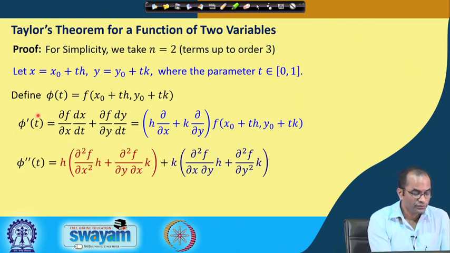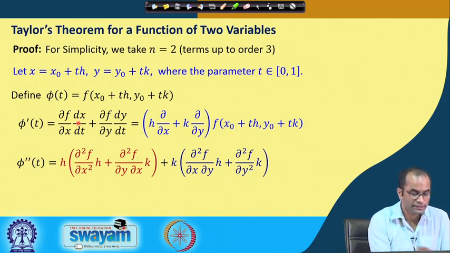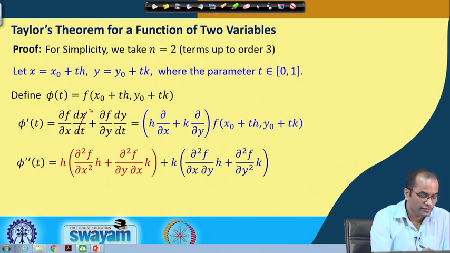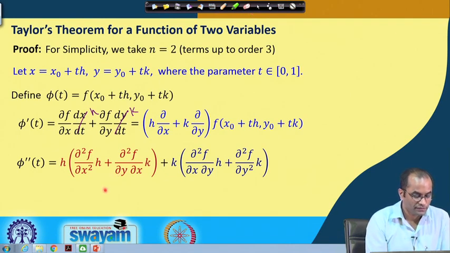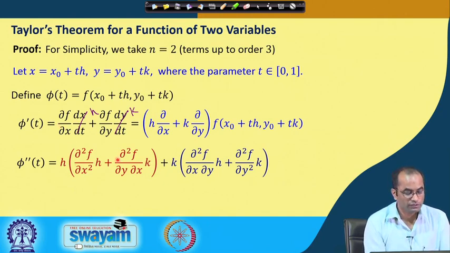Similarly, we can compute the second order derivative. We have the first order terms here with h and k. We will now compute the second order derivative of this term. So, h will remain as it is, and for the derivative of del f over del x, again the same chain formula will be used.